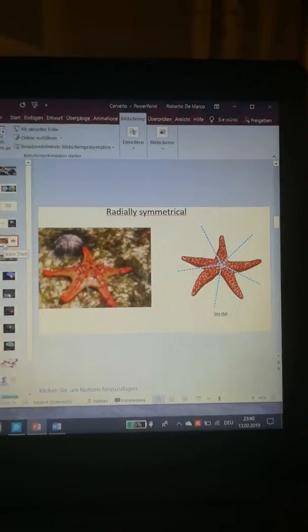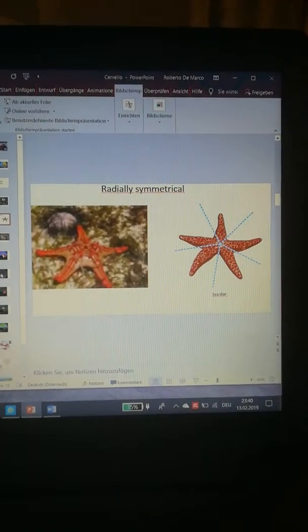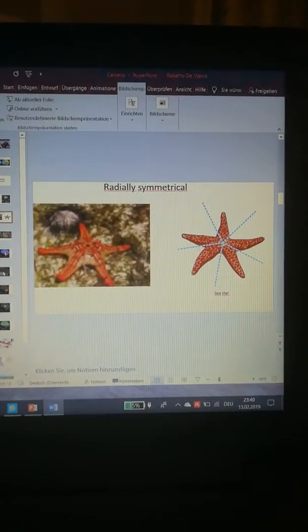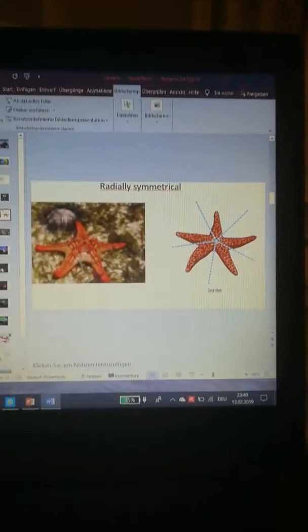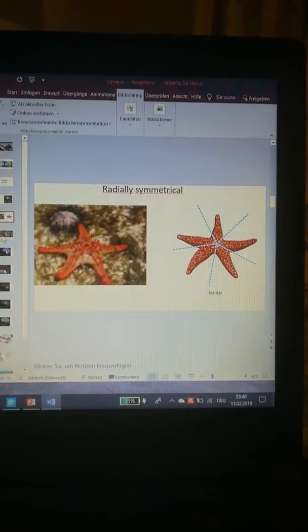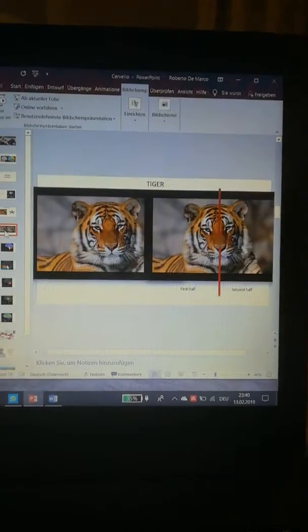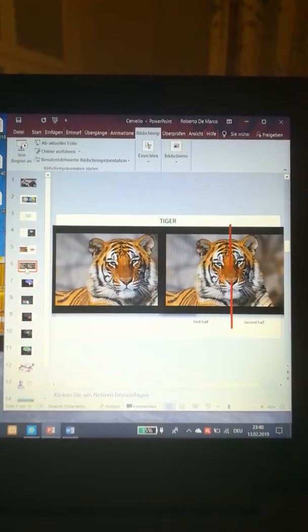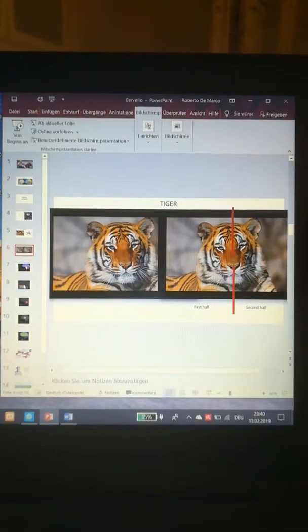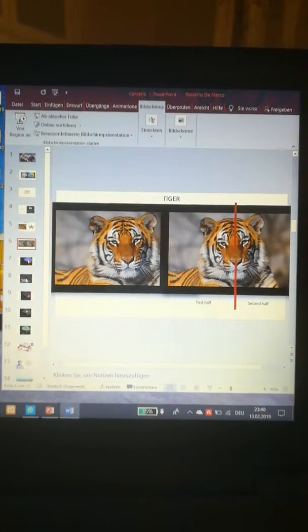For example, the brain of the sea star is radially symmetrical, and when we pay attention to the tiger, we see a similarity with the human body, with the human brain.